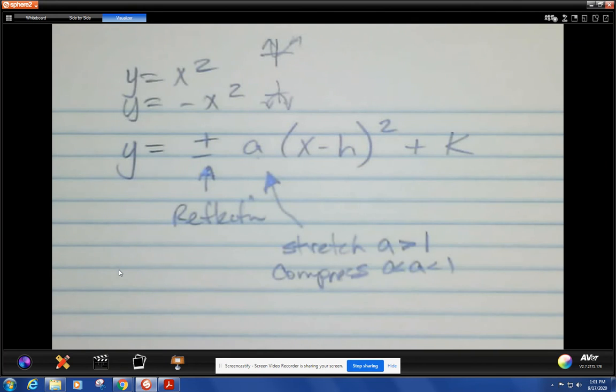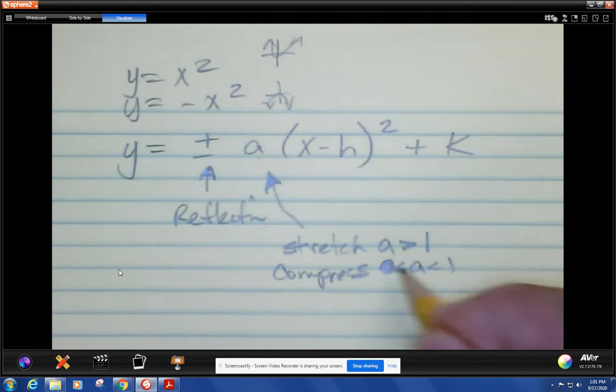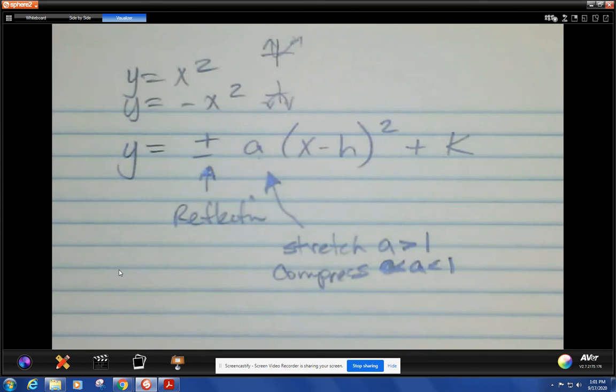And that's the way I'm going to write that in compound inequality notation. We've seen some of that already. So if A, this term right here, is between 0 and 1, for example, 1/2 and 1/3, we used several different examples, then that graph is going to compress. And again, the smaller that number gets, the more it's going to compress.